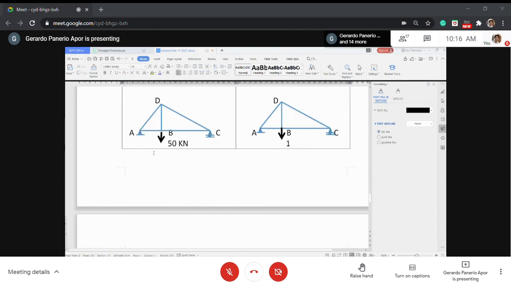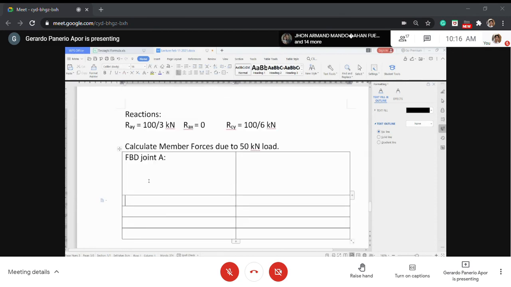then you sum up forces y equals to zero.